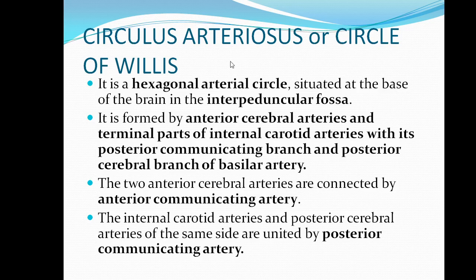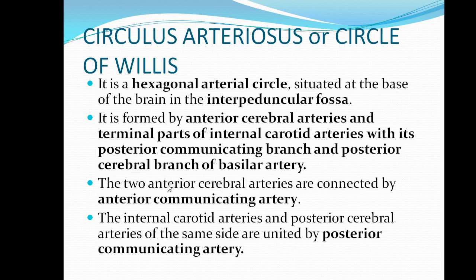Circulus arteriosus or circle of Willis. It is a hexagonal arterial circle situated at the base of the brain in the interpeduncular fossa. It is formed by the anterior cerebral arteries and terminal parts of the internal carotid arteries with their posterior communicating branch, and a posterior cerebral branch of the basilar artery.